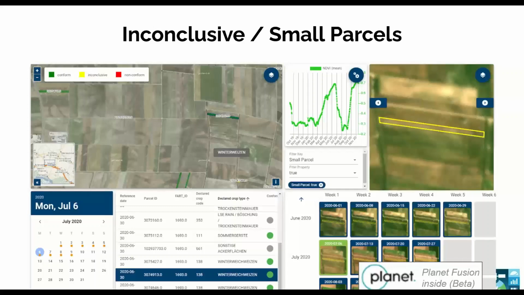And in the EO-WIDGET approach, there is a dedicated possibility to activate high resolution Planet Fusion products, which are at the moment available in beta stage for the various use cases. Now, describing this story of small parcels and the utilization of Planet Fusion data, this would need a dedicated presentation. Maybe at a later webinar, we will have an opportunity to present this.